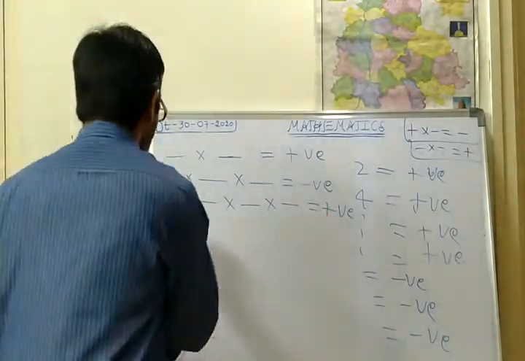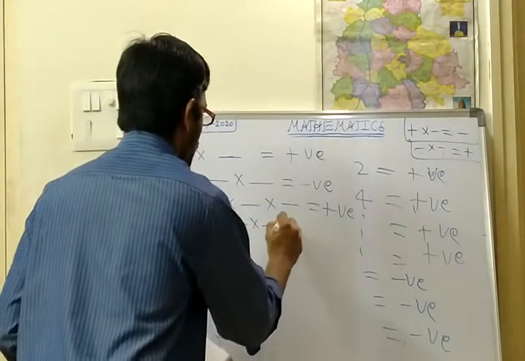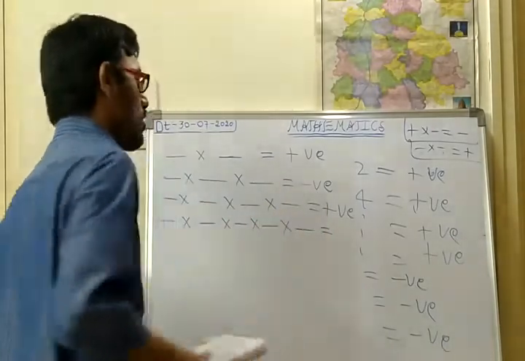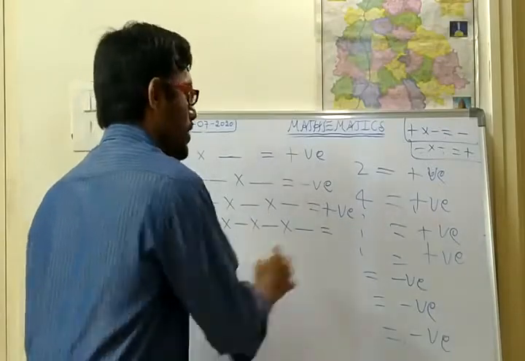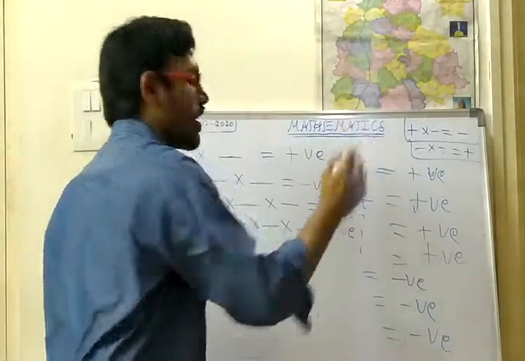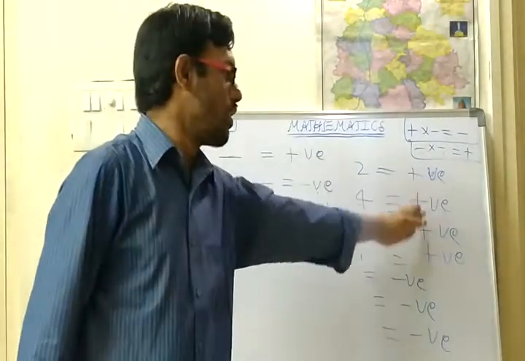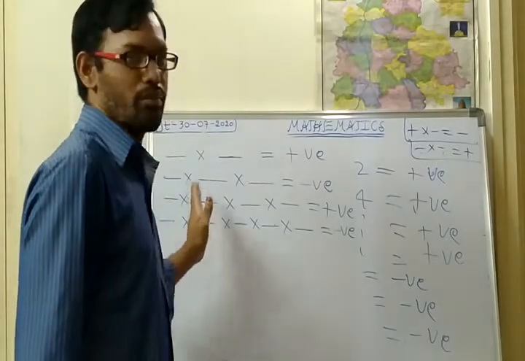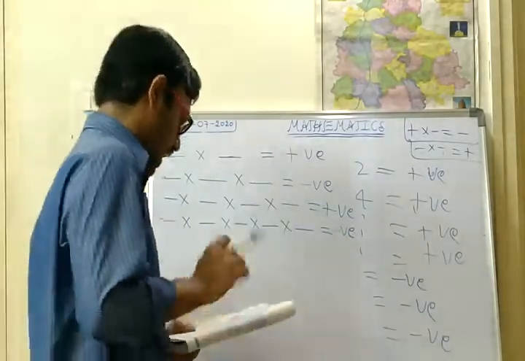Next, the product of 5 negative integers. 1, 2, 3, 4, 5. 5 is an odd number, so what is the result? Negative integer. So the product of an even number of negative integers is positive, and the product of an odd number of negative integers is negative. Okay, so like this you have to identify.